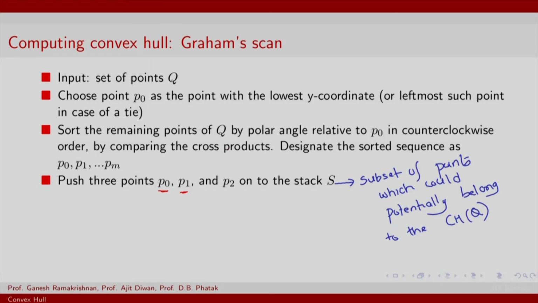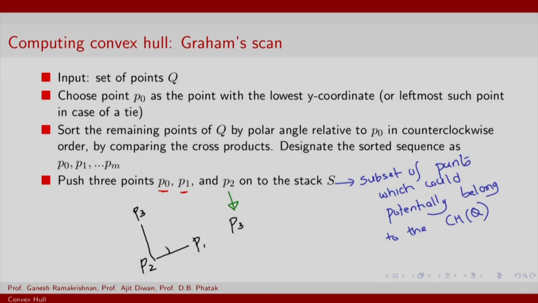So what needs to be inspected is P2, and we will compare P2 for its inclusion by looking at the angle subtended at P2 by the new point P3, which is a query point. So again, recap: we have P2, we have P1 and we have P3.